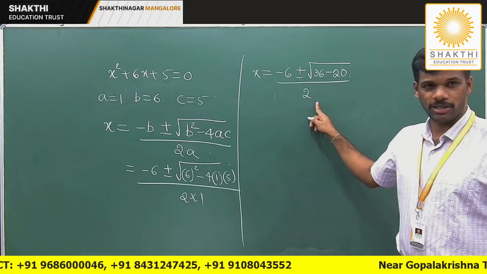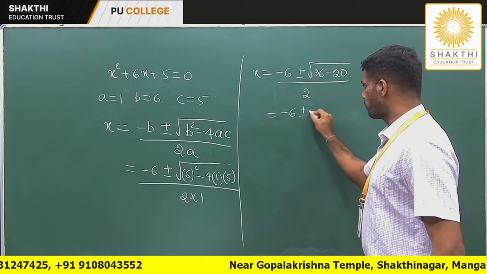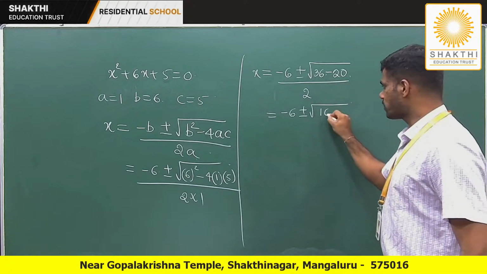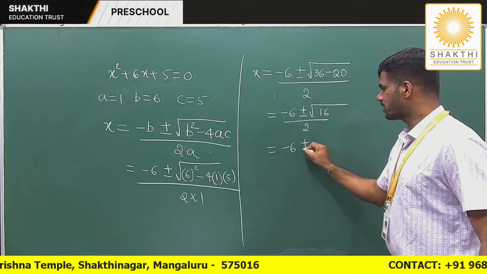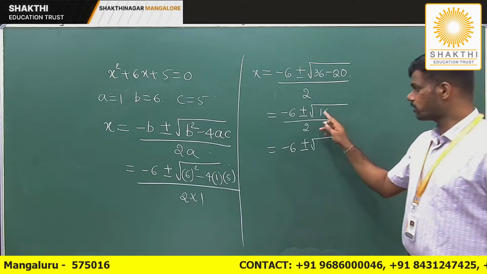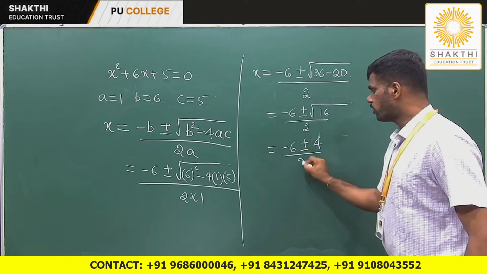Hope this is clear to all. Now let's simplify this. Minus 6 plus or minus root of 36 minus 20 is 16 whole divided by 2, which is equal to minus 6 plus or minus root of 16. If you ask me what is root of 16, I say root of 16 is 4 whole divided by 2.